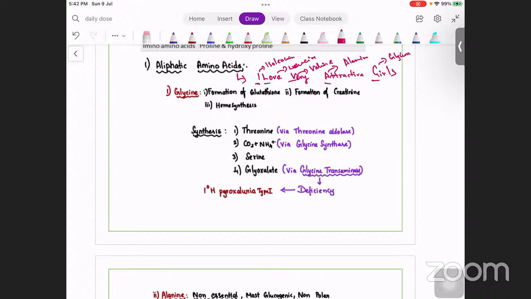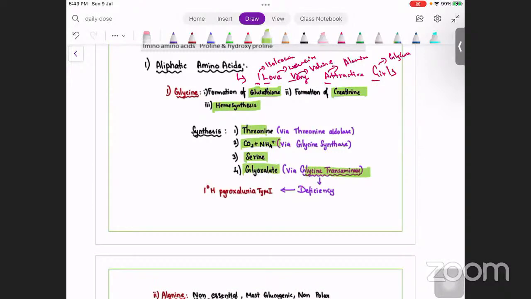And glycine is responsible for synthesis of three substances: formation of glutathione, formation of creatine, and heme synthesis. And the synthesis of glycine is from four sources. What are the four sources? Threonine via threonine aldolase, carbon dioxide and ammonia via glycine synthase, serine, and glyoxylate via glycine transaminase.